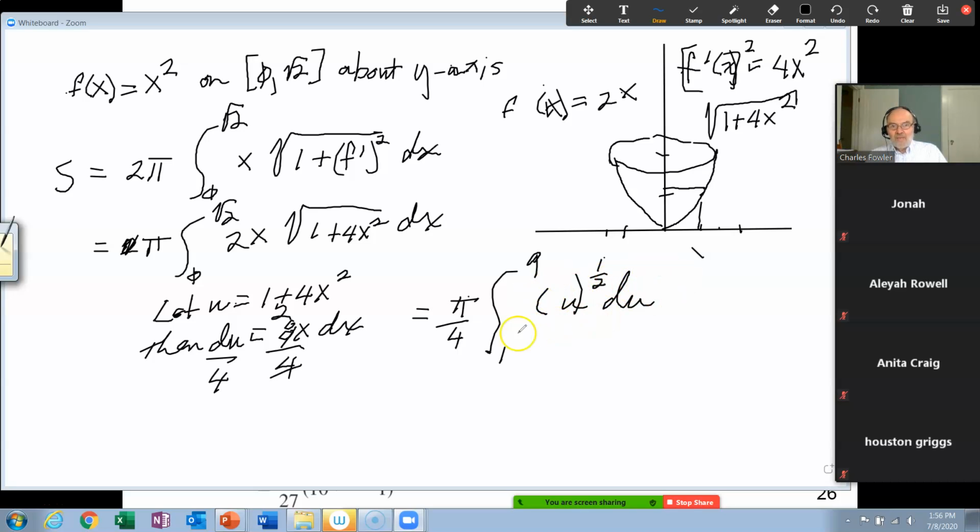Okay, and what's that integral? Pi fourths out front, antiderivative of u to the 1/2 is u to the 3/2 times 2 over 3. This 2 will cancel into that twice, and this is going from 1 to 9.